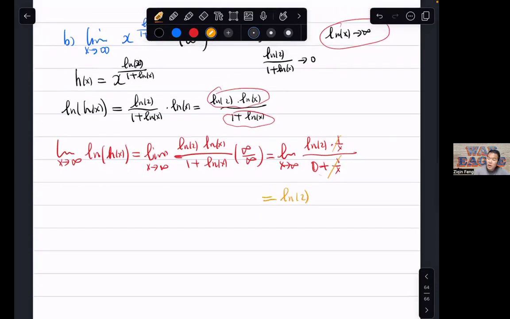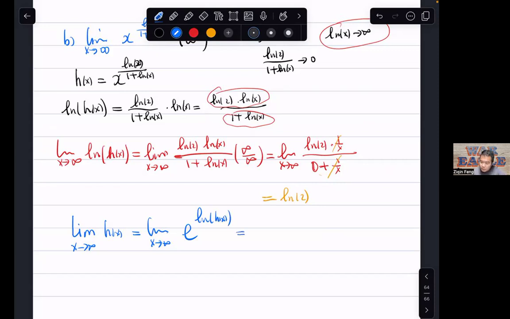Now we are ready to evaluate the limit of the original function as x goes to infinity. The original function is h of x. By our algebra, this is the same as the limit as x goes to infinity of e to the natural log of h of x, because natural log and exponential function cancel each other.